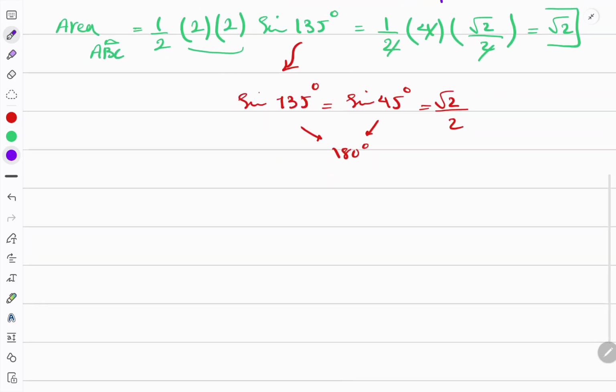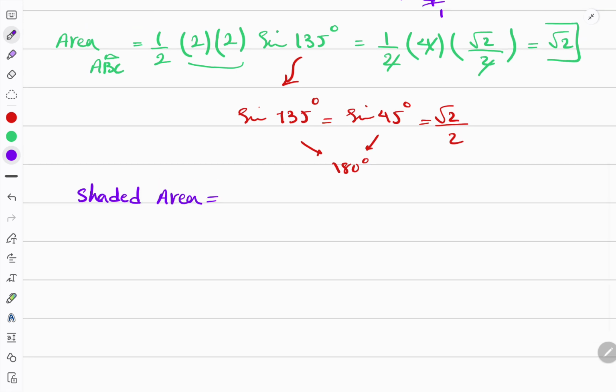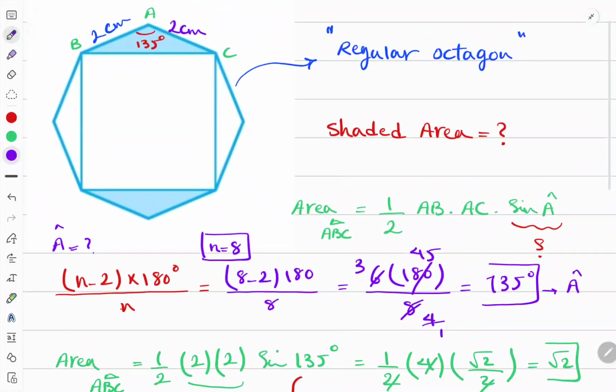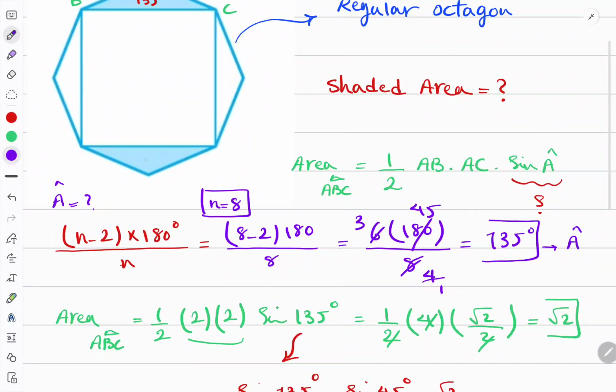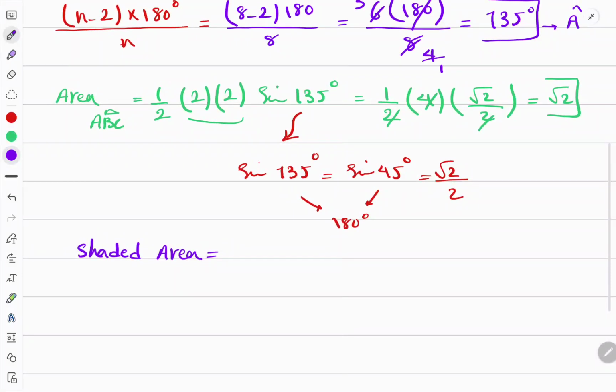But the shaded area consists of 2 triangles, ABC and another one here at the bottom. So you have 2 times radical 2, which is 2 radical 2, the final answer of this question.